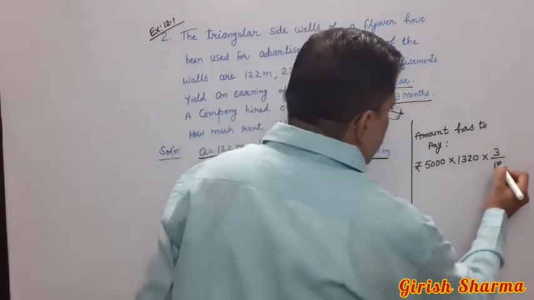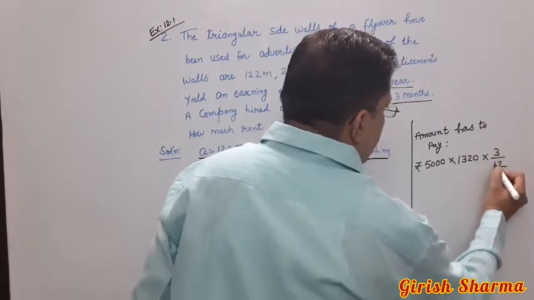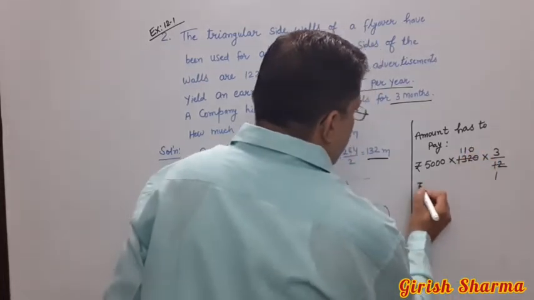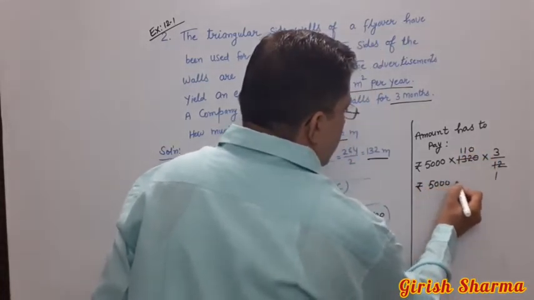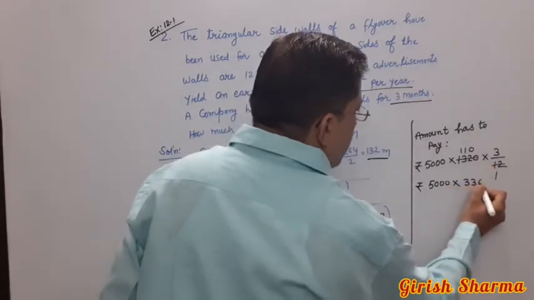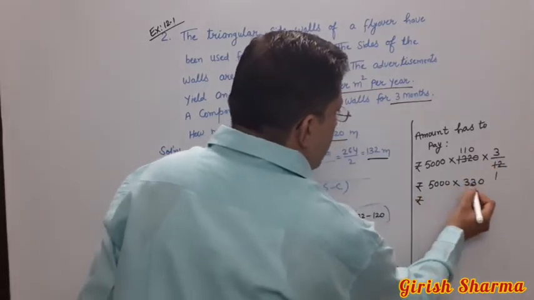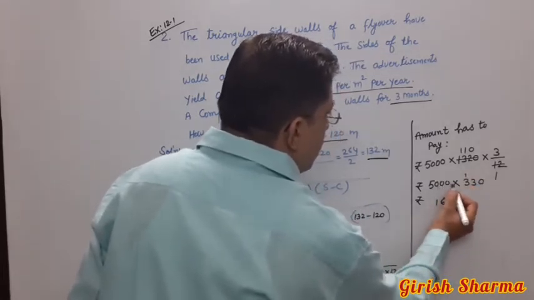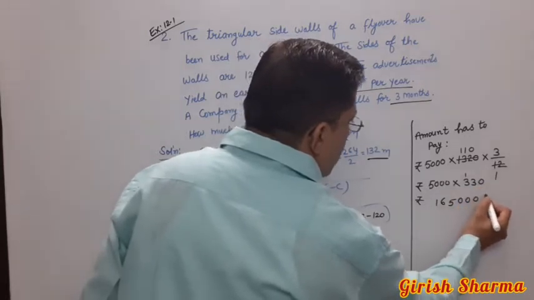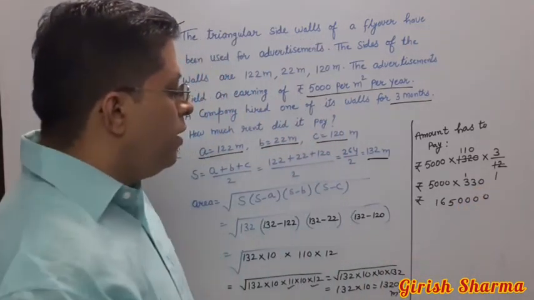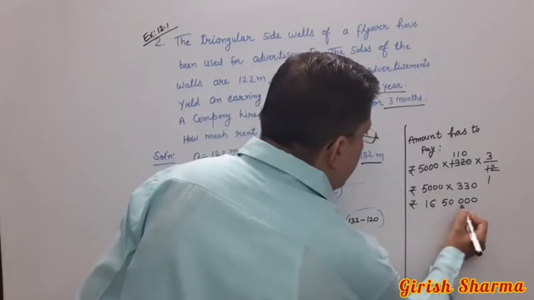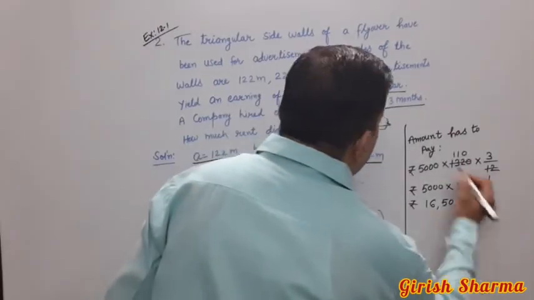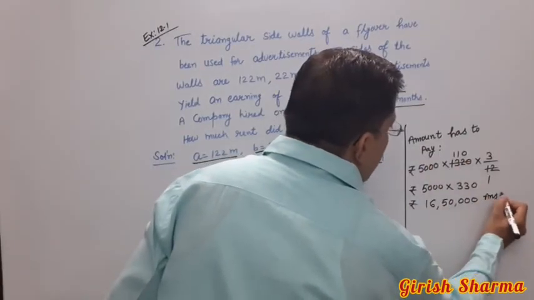So 3 upon 12, 12 ones are 12, 12 ones are 12, 12 ones are 12 and 0. Okay, here is 5,000, here is 330. 3 5s are 15, 1, 15 and 1, 16. 4 zeros are up. 16 lakh 50,000, can I write like this? 16 lakh 50,000, that person has to pay. This is your answer.